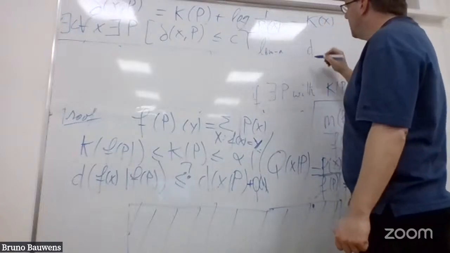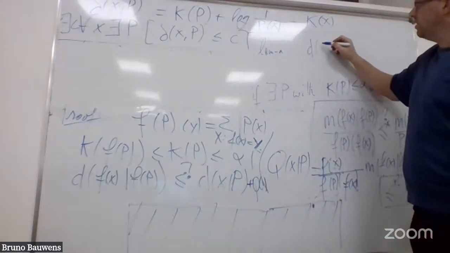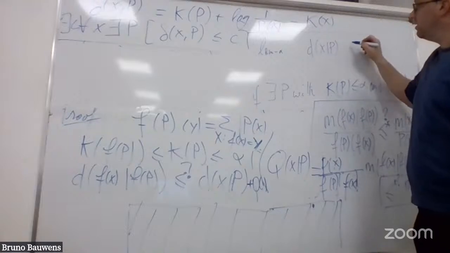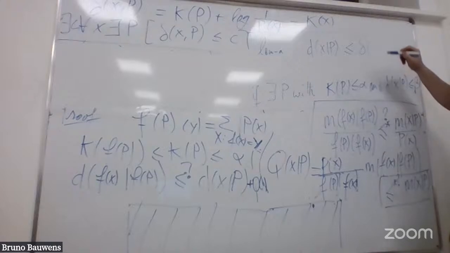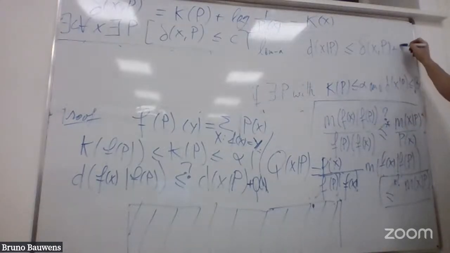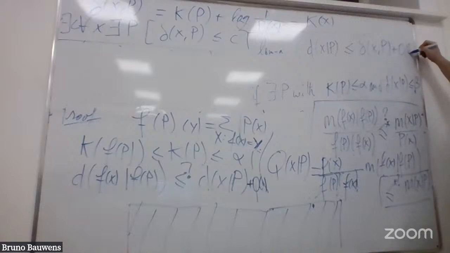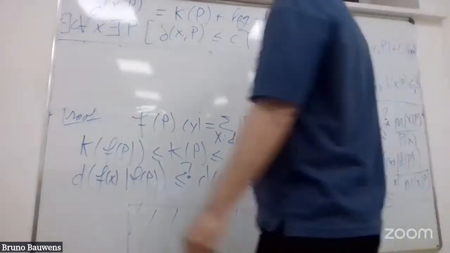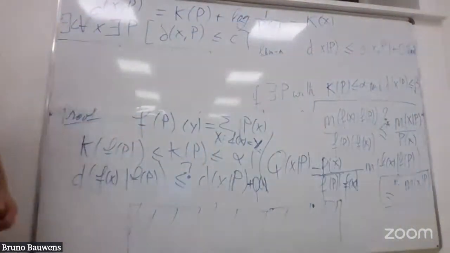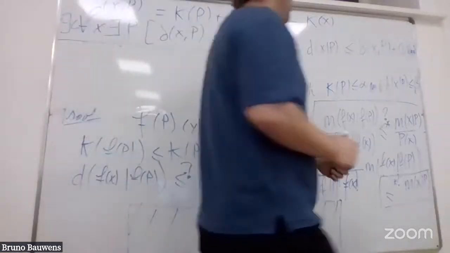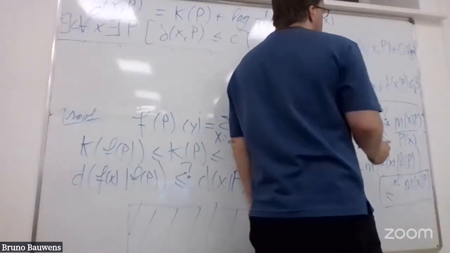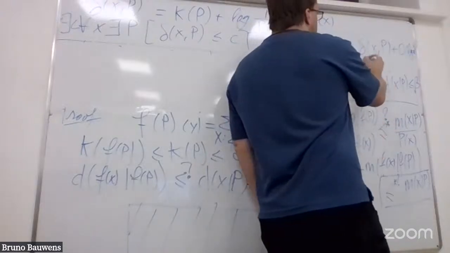It says that the randomness deficiency of x given P is smaller than the optimality deficiency of x comma P plus, I think, log n. This follows from symmetry of information. It turns out that the other inequality is not true.